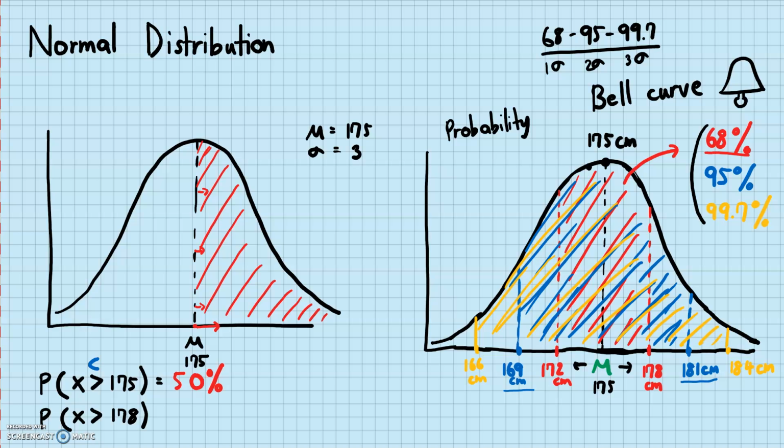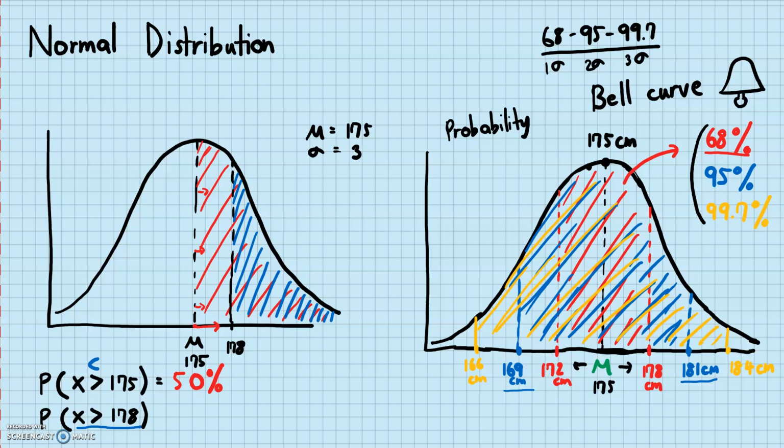Okay, so we've seen before that 178 is one standard deviation away from the mean. This is where 178 is. 178 is right here. So if we want to find that probability that it's greater than 178, we'll have to find this area right here.